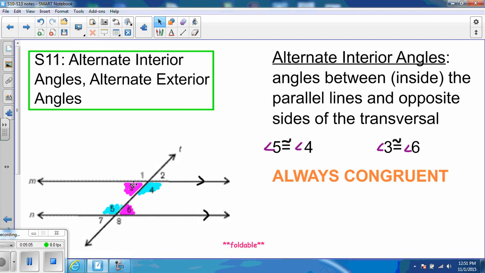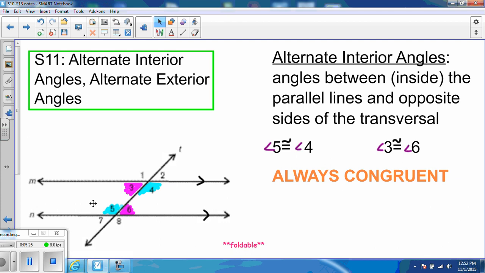And alternate means the opposite side of the transversal. So 3 and 6, those are opposite sides of the transversal, and they're both inside. So angle 3 is congruent to angle 6. 5 and 4, opposite sides of the transversal, both inside the parallel lines.